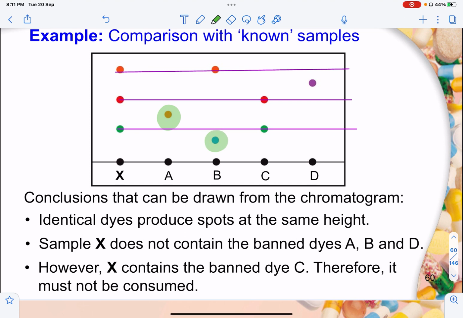Because even though one component intersects, the other component does not, so it's not B. C definitely is present because all the components match. So the urine most probably contains drug C, and D has no intersection, so D is also not present. Okay, so this is how we usually conclude whether the sample contains a banned substance.